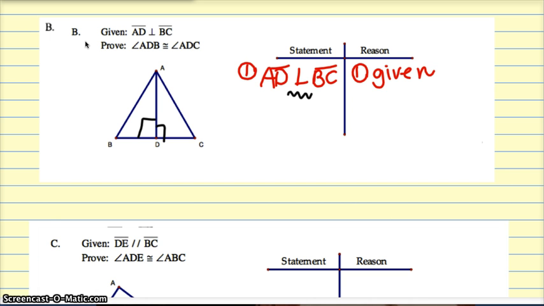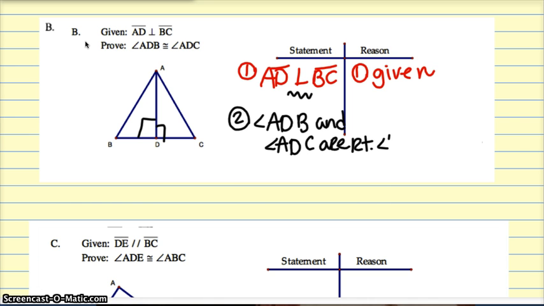By definition, we now know that angle ADB and angle ADC are right angles. So you can use definition of perpendicular. If you want, you can write an if-then statement. If two line segments are perpendicular, then right angles are formed.